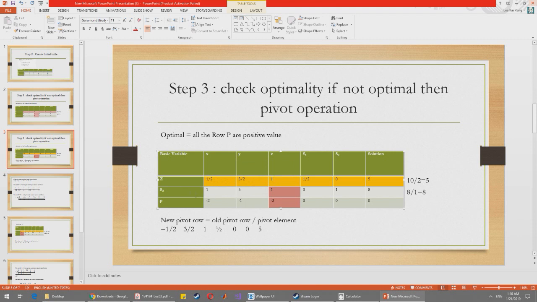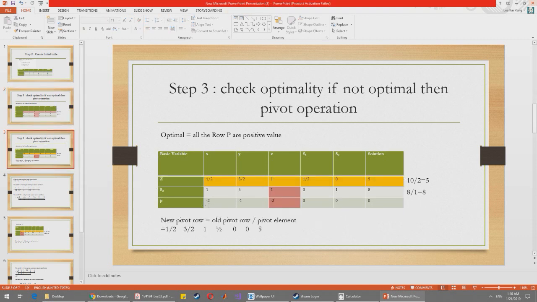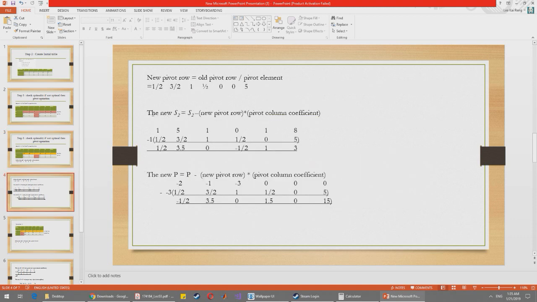As you can see, z is entering and s1 is exiting. After we get the new pivot row, we also need to find the new s2 row and new p row. Using this formula, the new s2 is equal to s2 minus the pivot column times the new pivot row.